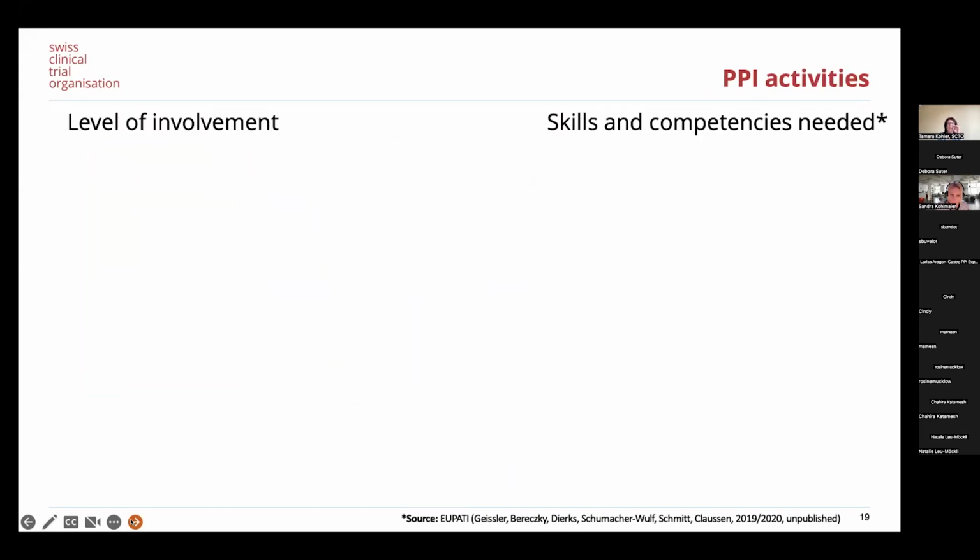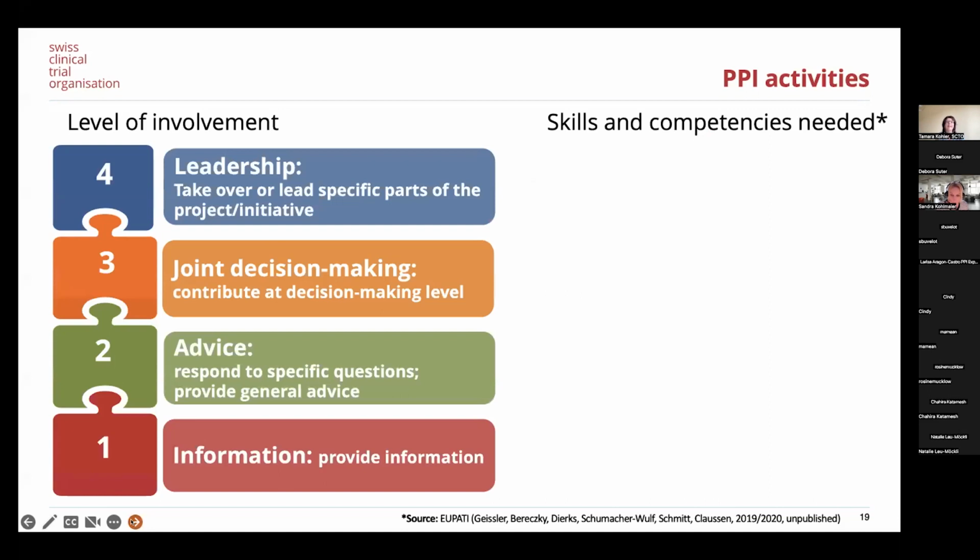To give you a bit more information about that, when we talk about level of involvement for a PPI activity, we have 4 levels, which you see here. The first one is providing information. The PPI contributor can respond to specific questions and provide general advice. Contribute at decision-making level, number 3, or take over or lead specific parts of the projects. The different PPI activities may require different skills and competencies.